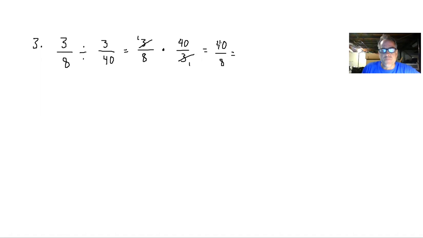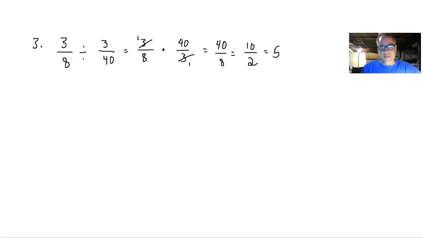But notice here, 4 goes into 40 ten times, and 4 goes into 8 two times. That still reduces. 2 goes into 2 once, and 2 goes into 10 five times.